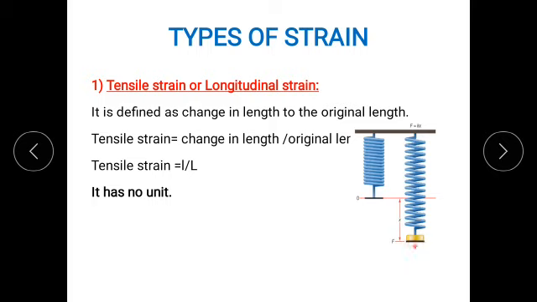Then when we find the ratio of the change in length to the original length, that ratio is called tensile strain. The definition of tensile strain is the change in length to the original length. Therefore, we write the formula: tensile strain is equal to small l upon capital L, where small l means change in length and capital L means original length.